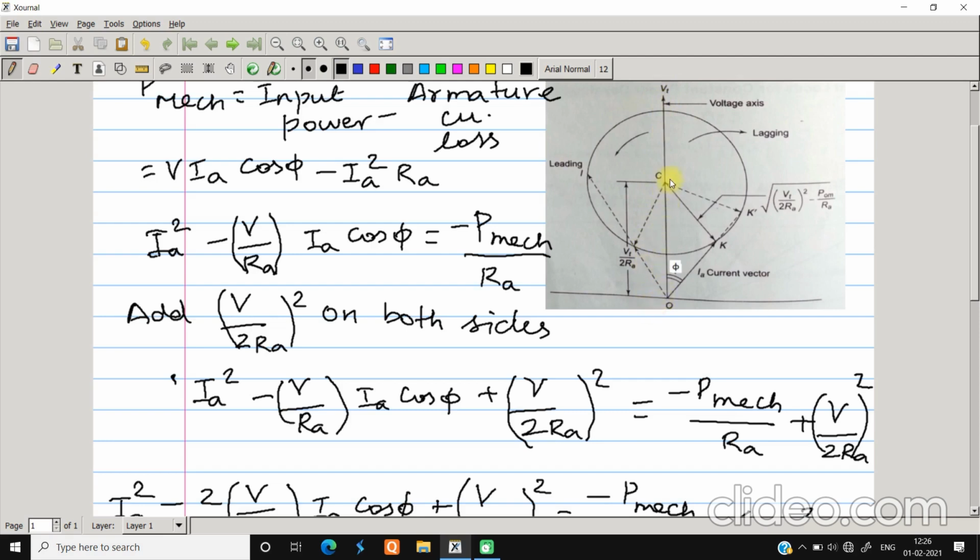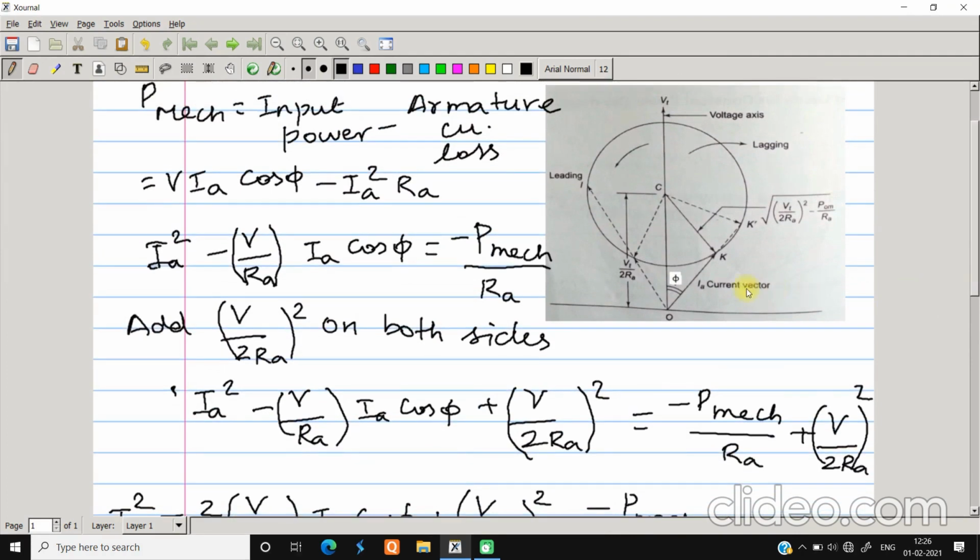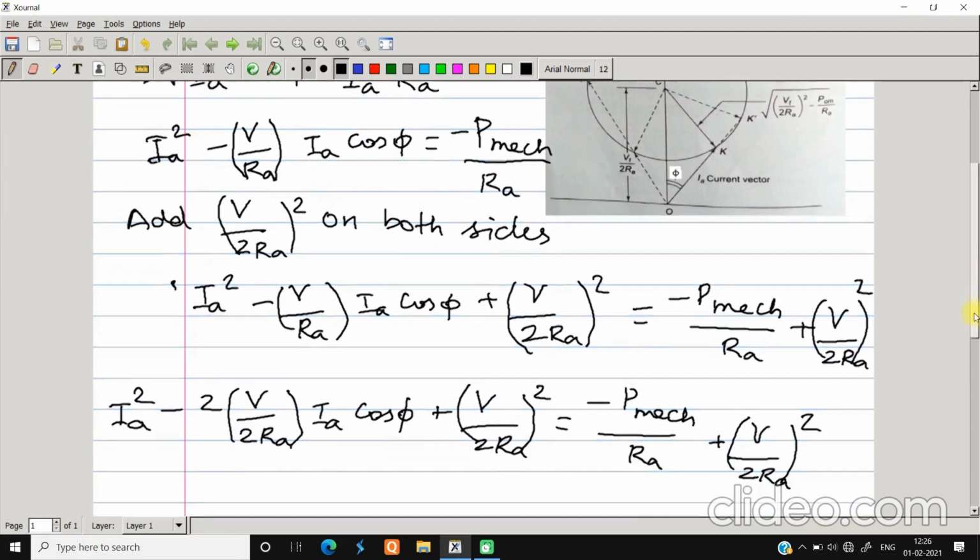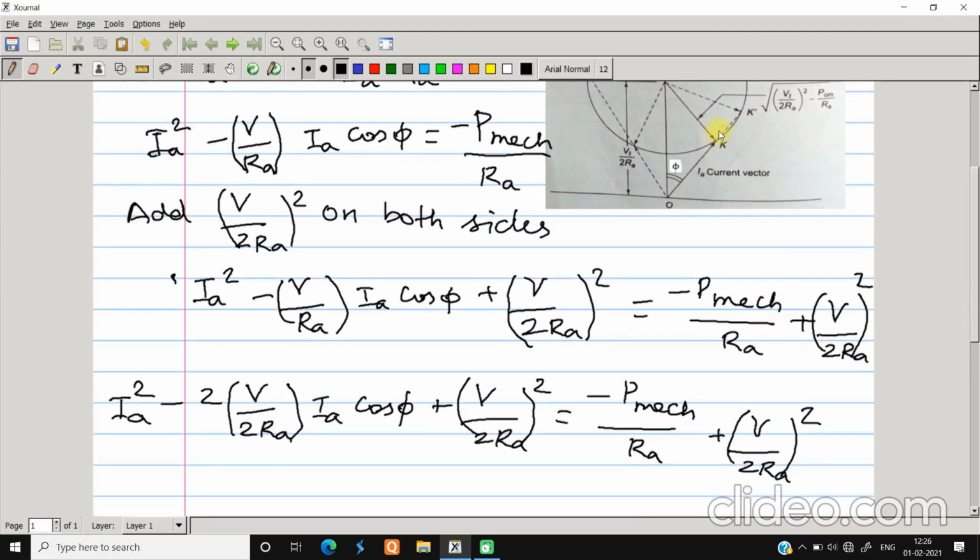On the terminal voltage we will put Vt divided by 2Ra, and we will have Ia as another current vector, which will be on the other side of this triangle. The subtended angle between these two sides will be phi, and the third side will be this term.